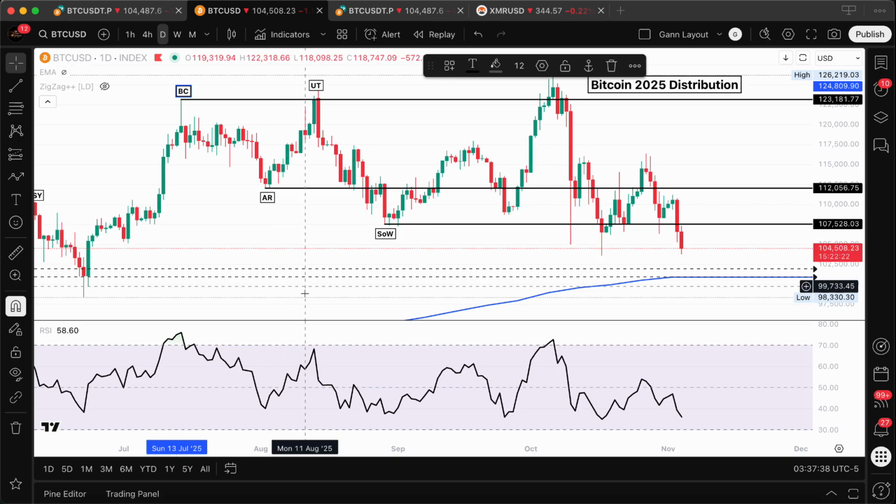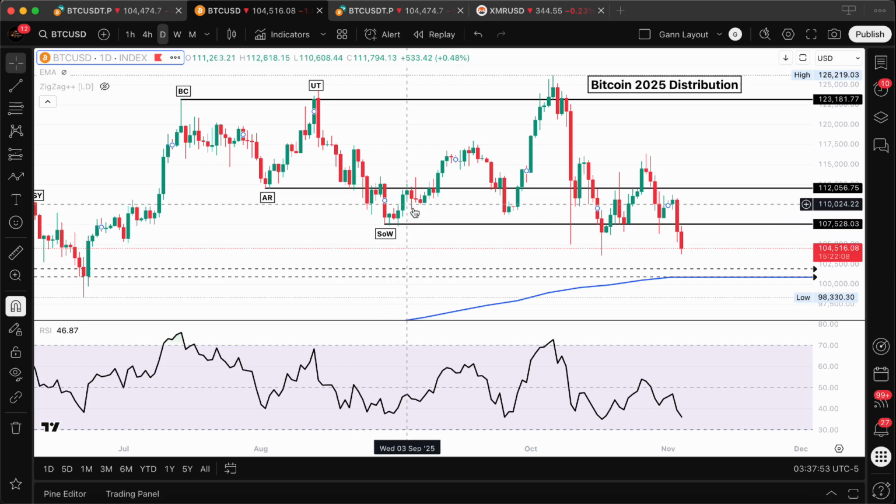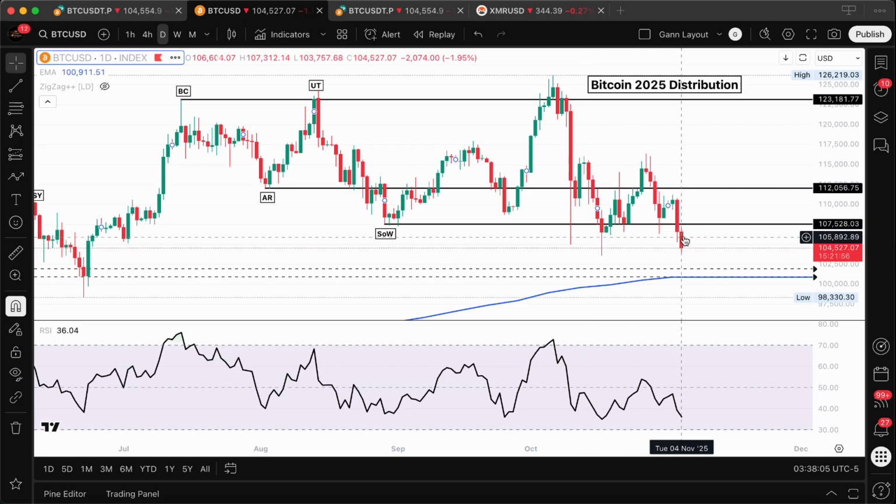It leaves really almost no doubt that Bitcoin has stopped because it is clearly in a distribution range and it ticked all the boxes: buying climax, automatic rally, upthrust, a sign of weakness, upthrust after distribution, and right now these two lower highs were the last point of supply, and it broke down below the extended distribution range, below the 107 or 108 level.